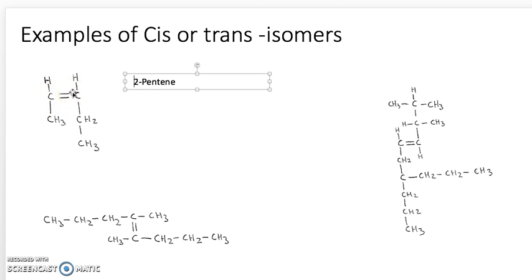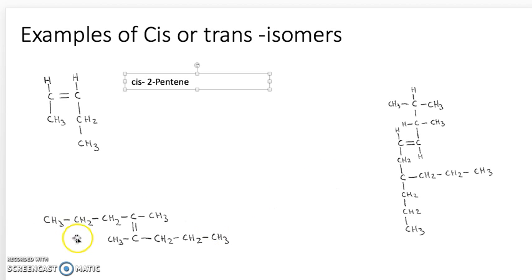So it's 2-pentene, and now we need to describe if there's any functional groups or branches, and if there's any cis-trans isomerism. There's not any branches. We can see that there are these 2 substituents hanging off the double bond, and they are on the same side of the molecule. If they're on the same side of the double bond, then they are cis. So it is cis-2-pentene.